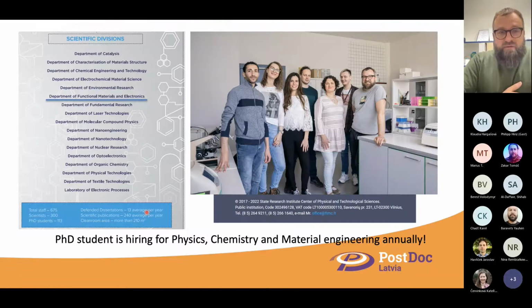FTMC is quite a big institution. Around 300 scientists work here, in around 17 departments. Ours is the Department of Functional Material and Electronics.